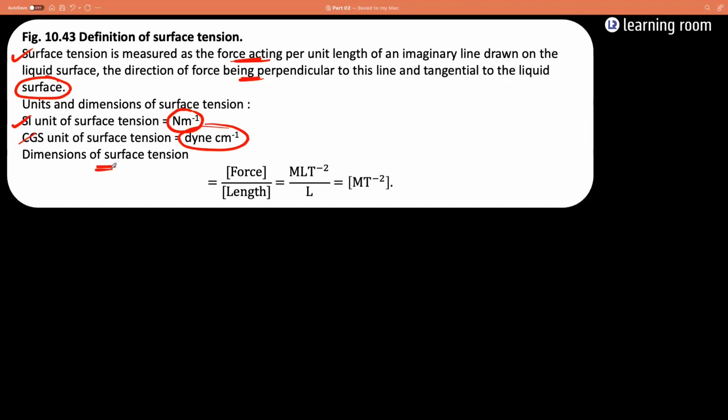The dimensions of surface tension will be MLT minus 2 divided by L, which is M into T power minus 2. Clear?